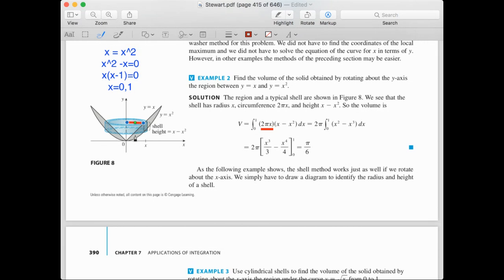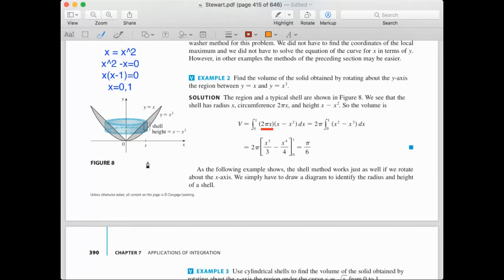So convince yourself, if you try to use the shell method, not to confuse it with the disk method. According to my experience, students get confused with the washer method. So that's why I said, as long as you know how to use the washer method, you don't really need to know the shell method.